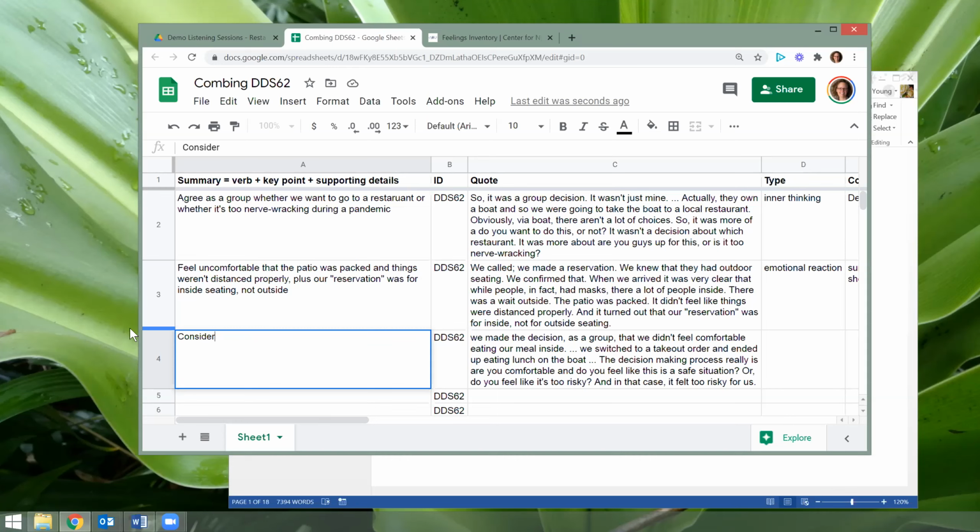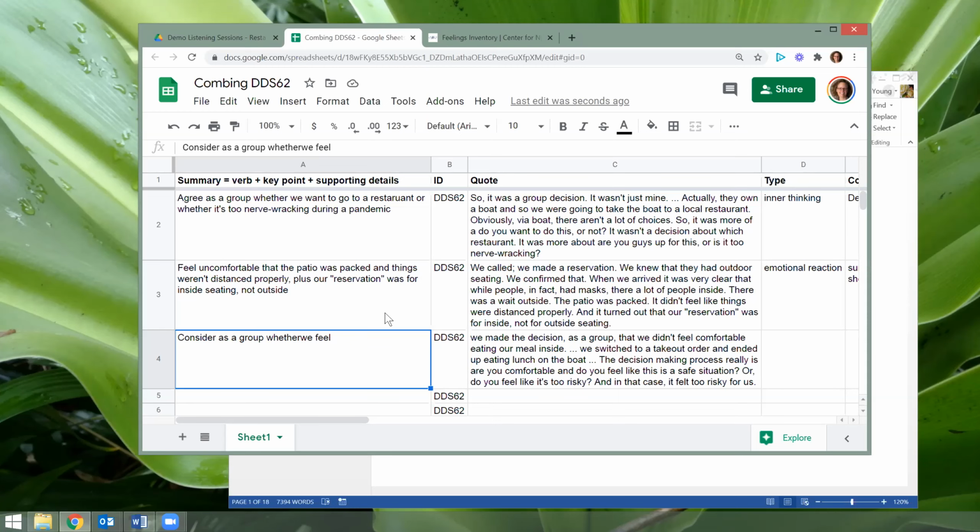Although she did not use it, she used decision. But here, consider as a group whether, and I might move as a group to the end because I want the key point right up front. Consider as a group whether we feel, and by the way, look at this, I'm turning all of this into first person present tense. So even though she's saying we called in the past tense, it didn't feel, I'm pulling it up to the present tense.